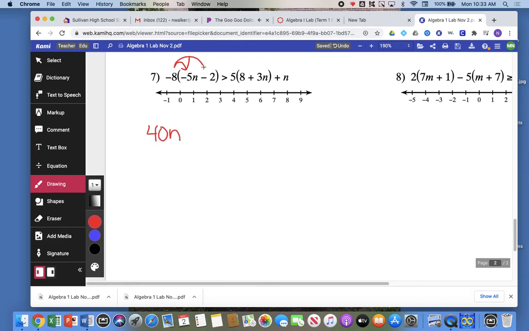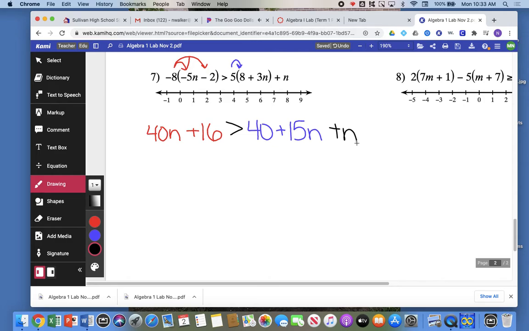What about negative 8 times negative 2? All right, now I'm going to distribute here. What's 5 times 8? Plus 15n. Now this positive n is just not part of the distributive property because it's not in the parentheses.